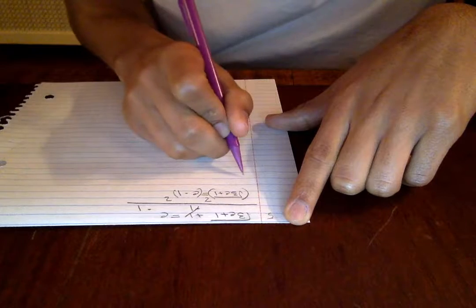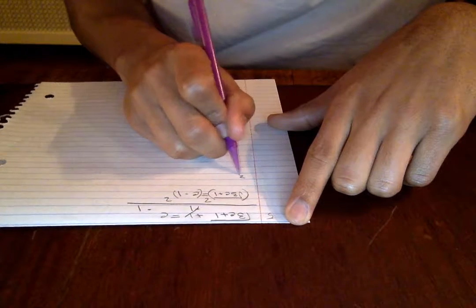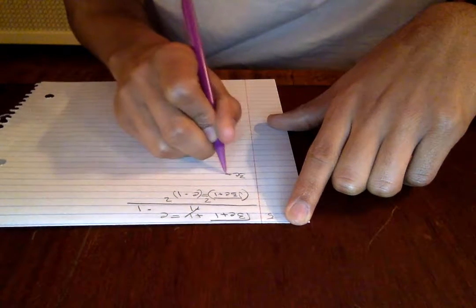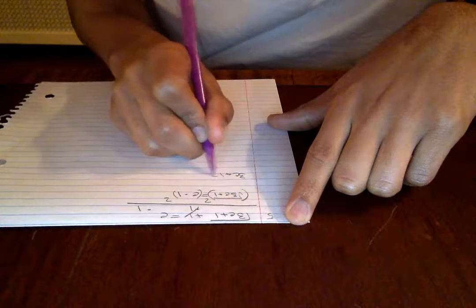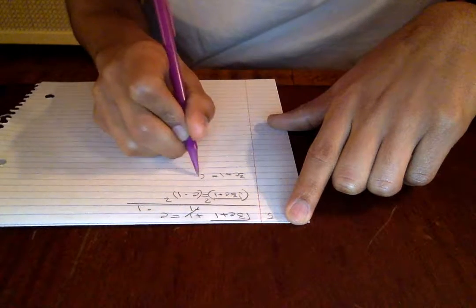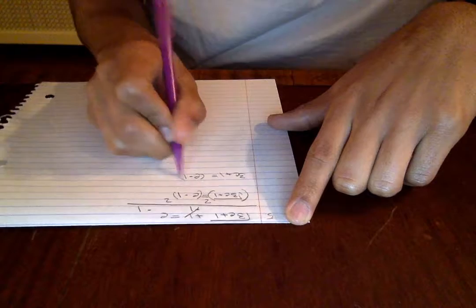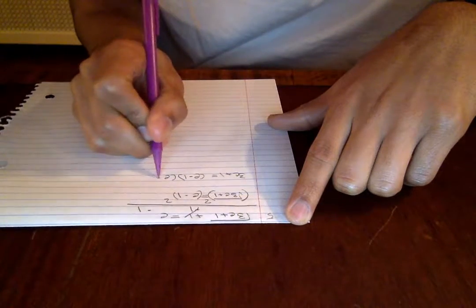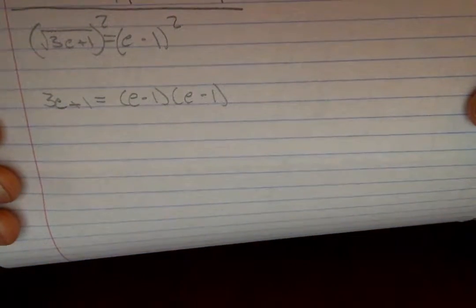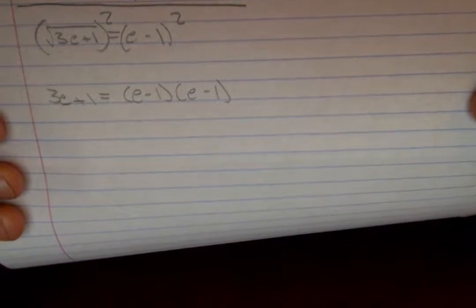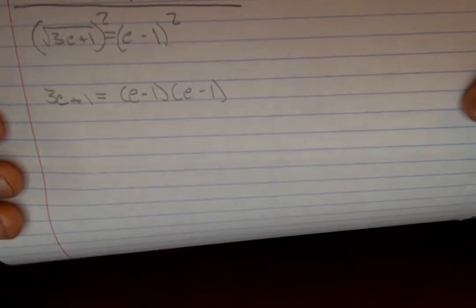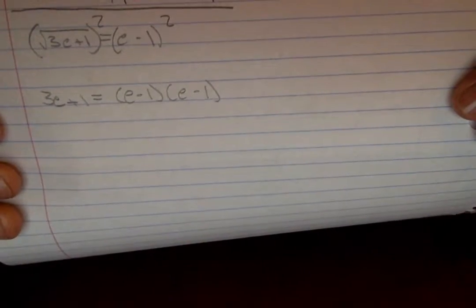So you can now write 3e plus 1 equals e minus 1 times e minus 1, because that literally is e minus 1 squared. And if you need a visualization, just write it out completely.